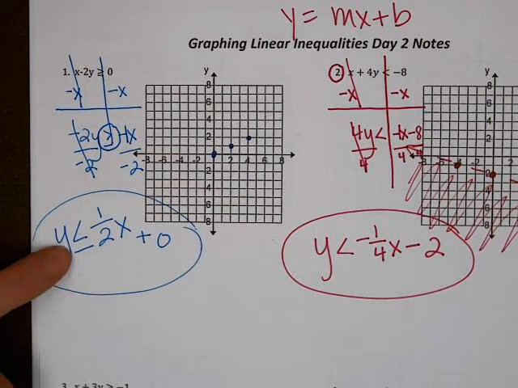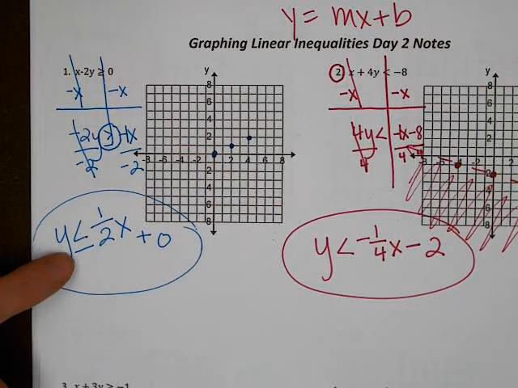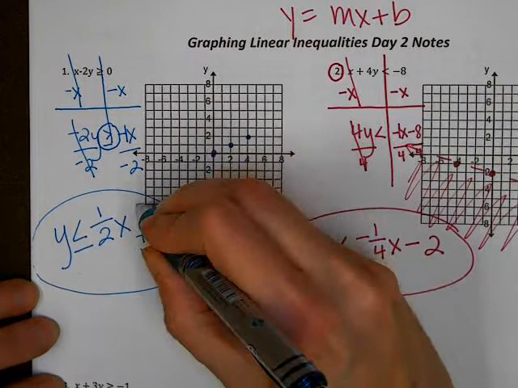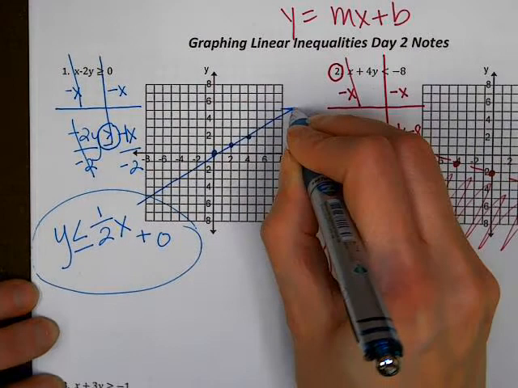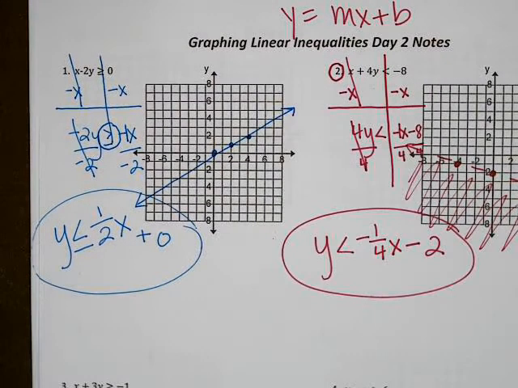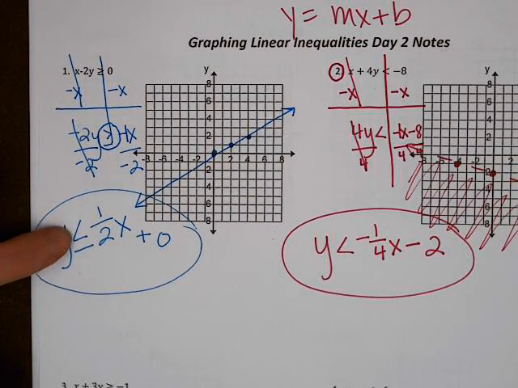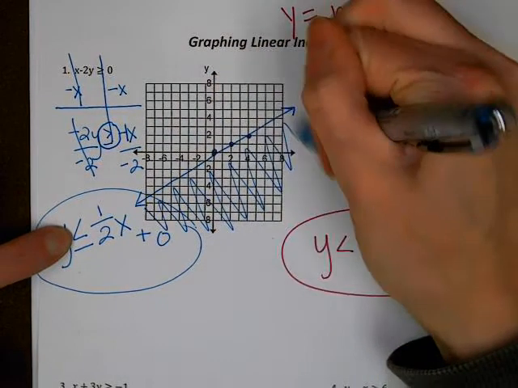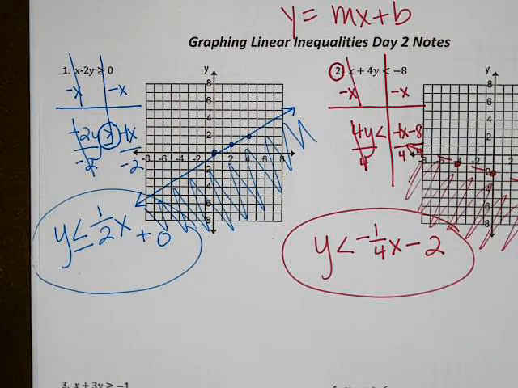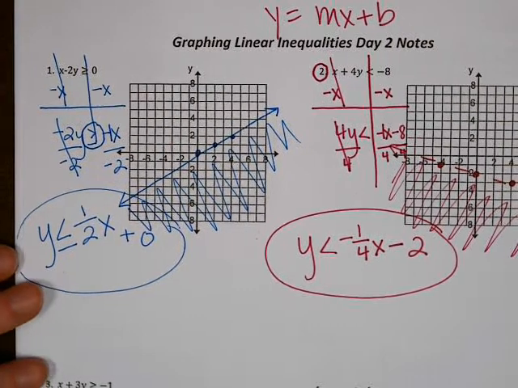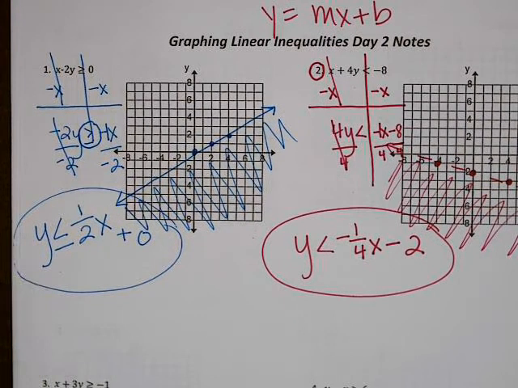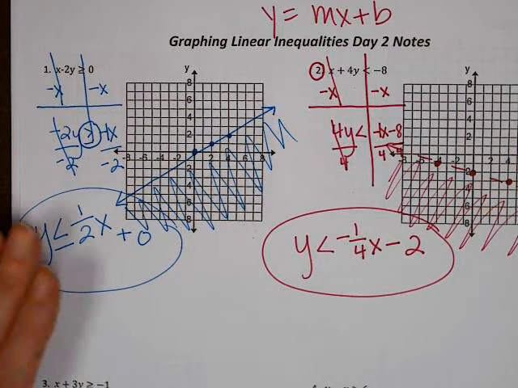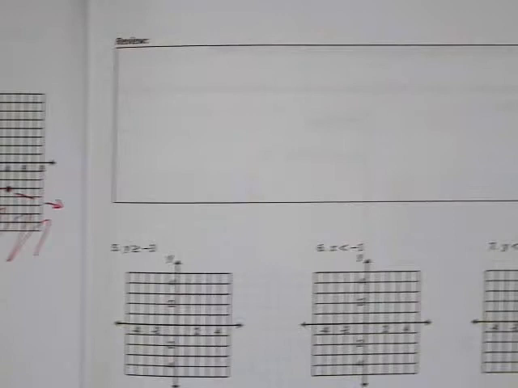Well, this one says less than or equal, and when there's an equal, we actually want a solid line. All right, where do we shade, above or below? Well, less than means below, so we're going to shade down below. All right, so these are just rearranged first and then graph. 3 and 4 are the same thing, but I'm going to move on to the next page.